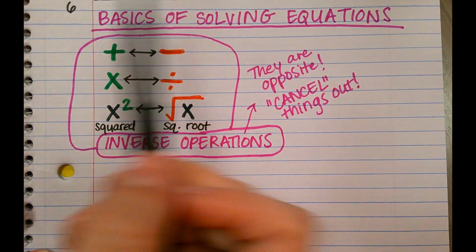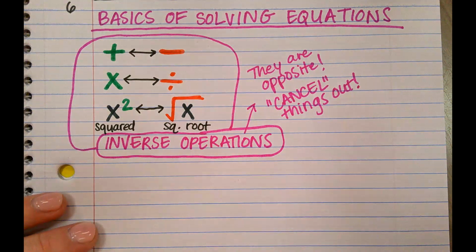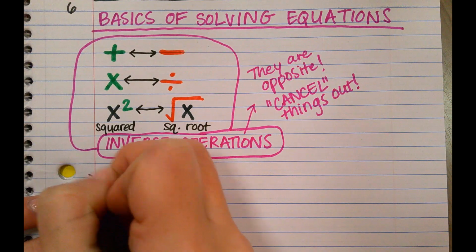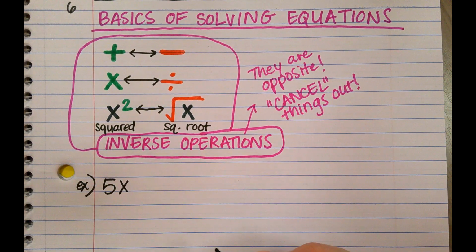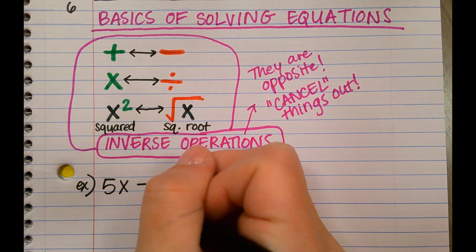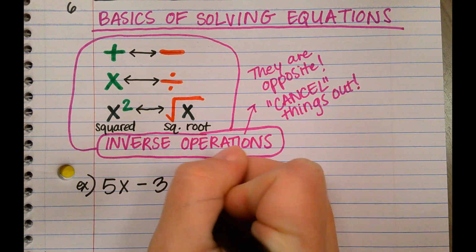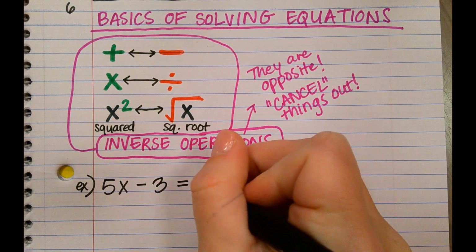So underneath these inverse operations that we just wrote down, I'm going to give you the first example of a simple two-step equation. Example. We'll start with 5x minus 3 equals 22.